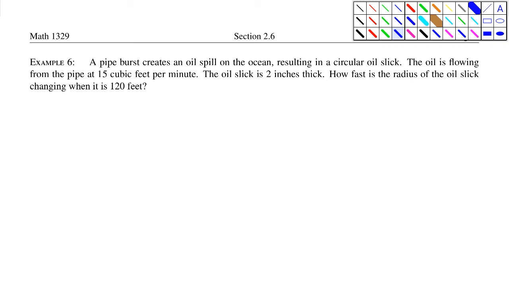All right. Step 2, let's draw a little picture. So we have the ocean, right? Maybe I'll draw a little ocean here, like that. And on the ocean, we have the oil slick. The oil slick is a circle, so I've drawn it in perspective here.